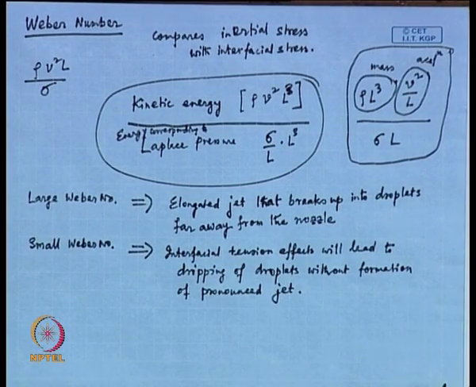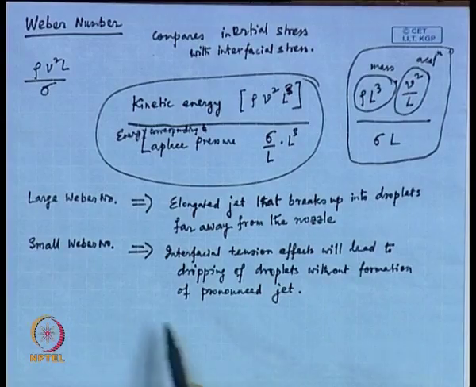So, large Weber number means an elongated jet that breaks up into droplets far away from the nozzle, and small Weber number means interfacial tension effects will lead to dripping of droplets without formation of pronounced jets. Do you understand what we are talking about?